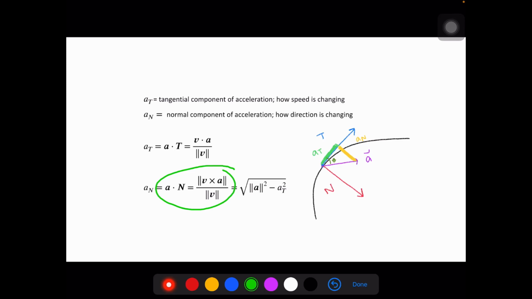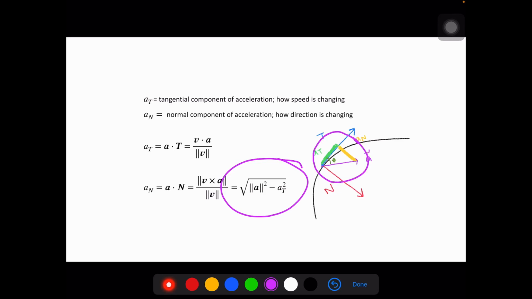All right, so that's our formula that I've circled in green for our normal component of acceleration. Although honestly, in most problems, I use this alternative formula. So if you've already found your tangential component, you can use the fact that we have a right triangle in this image. And so you could just use the Pythagorean formula.